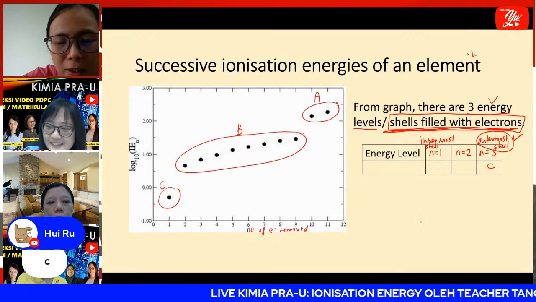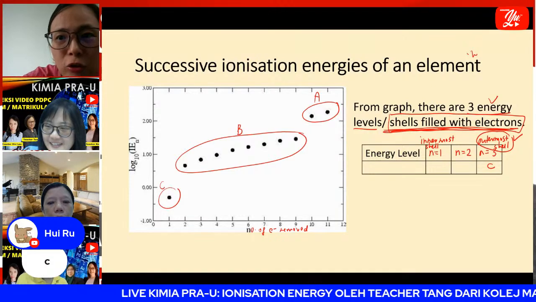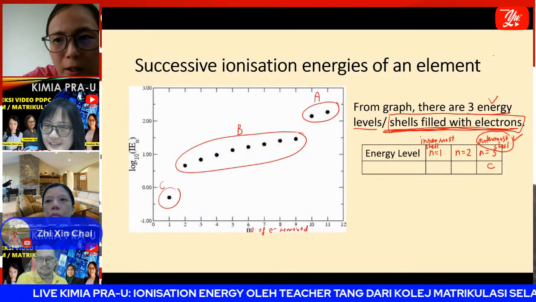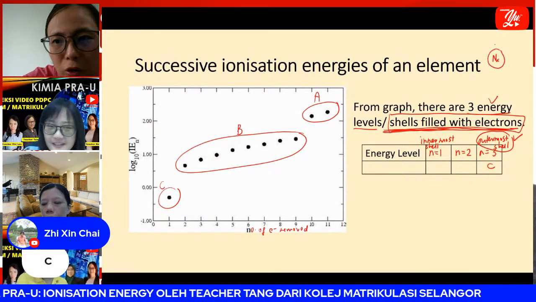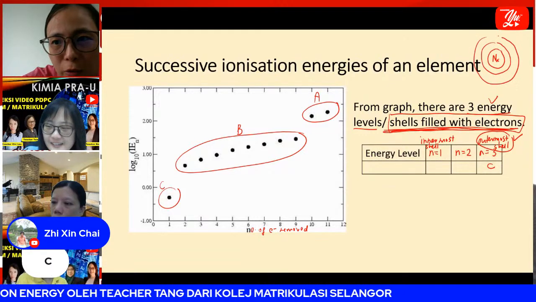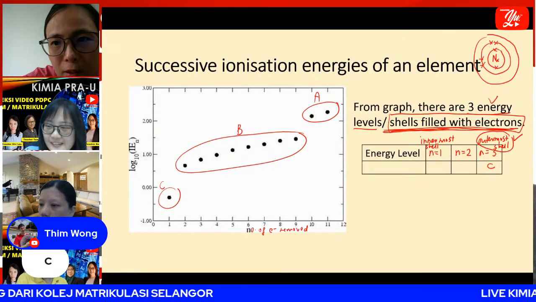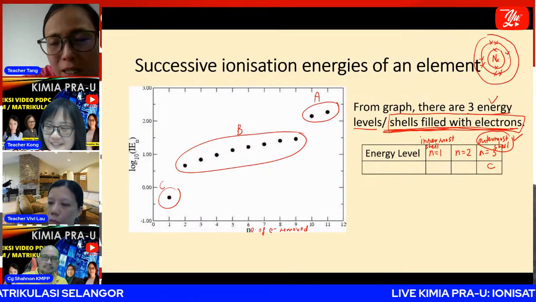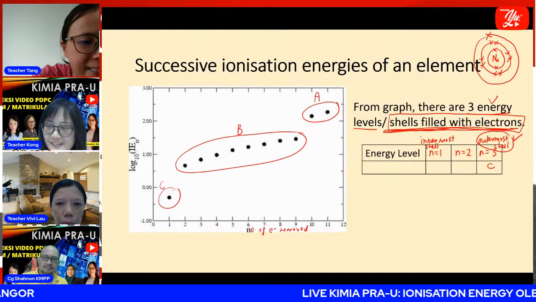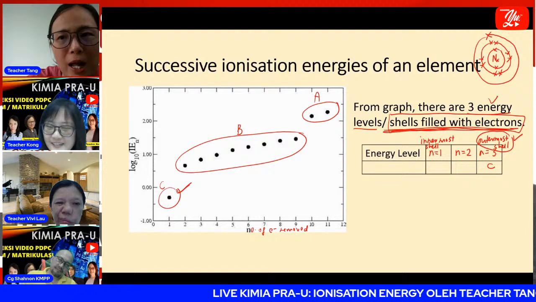So this element, I call it X, is sodium just now. Sodium has 3 shells filled with electrons. So which one is the outermost shell? Why is C the outermost shell?